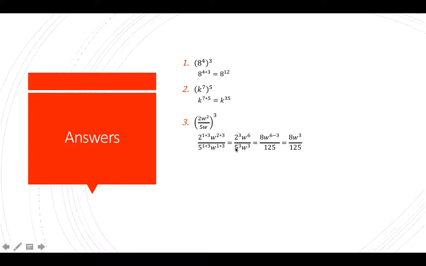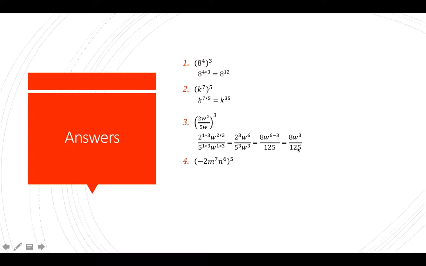I put 2 to the 3rd and 5 to the 3rd expressed in standard form because these are relatively smaller numbers, and I figured, okay, let's just go ahead and put that into standard form. That way, all we're dealing with is w to the 6th over w to the 3rd, which then we'll use the quotient of powers property to subtract them to give us the 8w to the 3rd over 125.